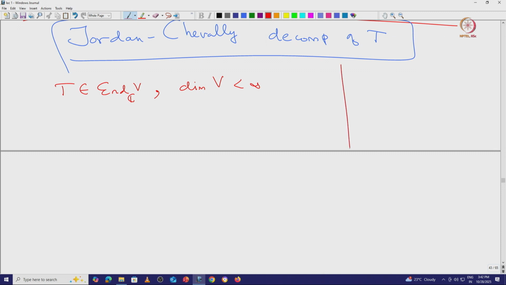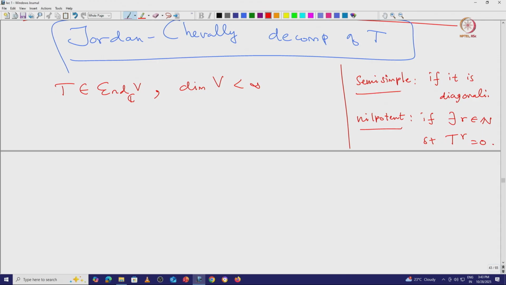Okay. So, let me first recall what is semi-simple. You call an operator semi-simple if it is diagonalizable. You call some operator nilpotent if there exists some r in N such that T power r is 0. So, these are the definitions of semi-simple and nilpotent operators.